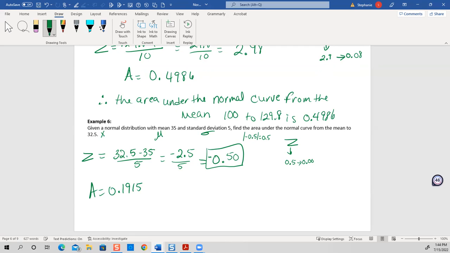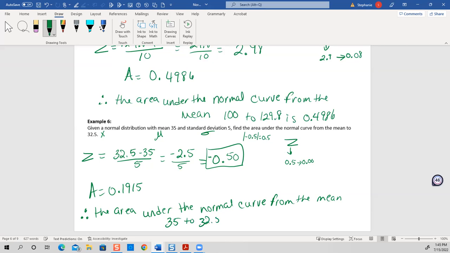And if we write it in sentence form to make our statement, we're going to say, therefore, the area under the normal curve from the mean 35 to 32.5 is 0.1915.